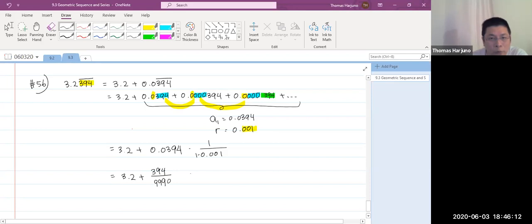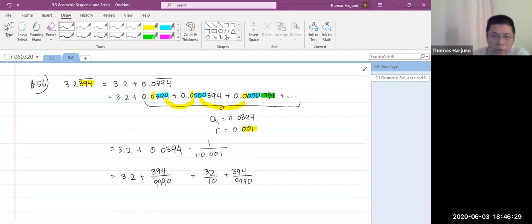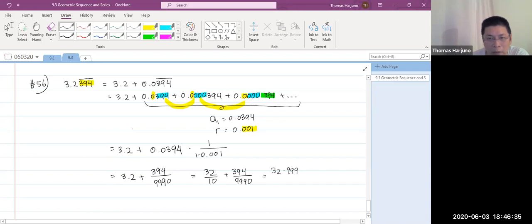Well, the sum of two fractions must be a fraction. So up to here, we already know that it must be a fraction. Do you know how to add these fractions? So I multiply this by 999 here to make a common denominator 9990.